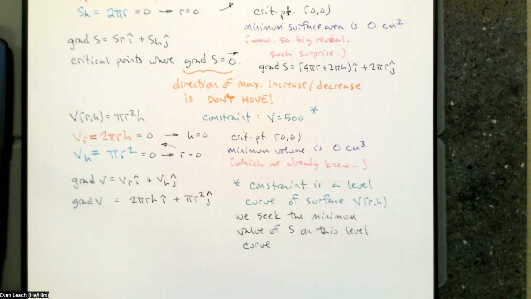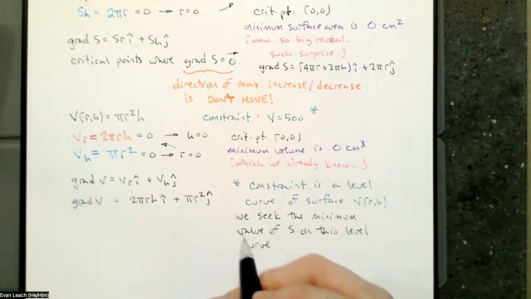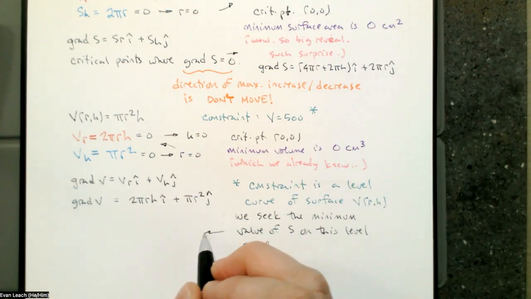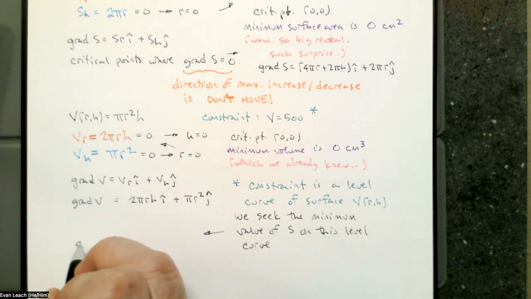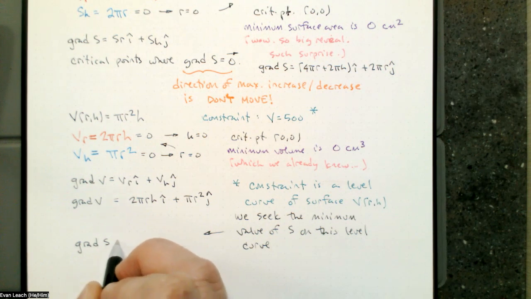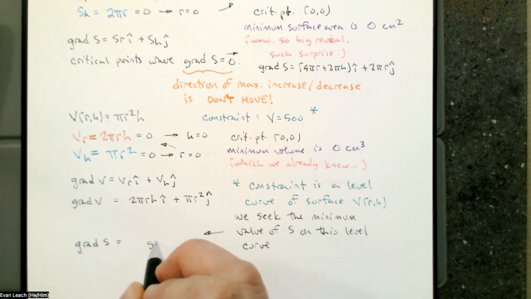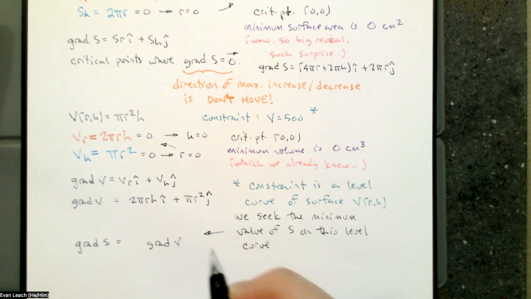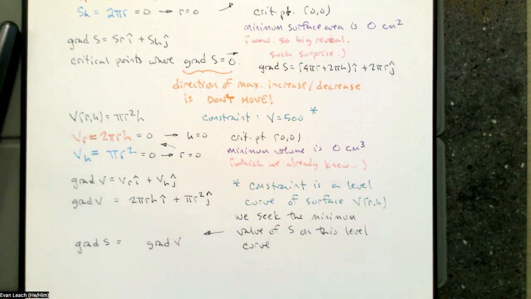So we're going to want the gradient of our surface area to go in the same direction as the gradient of our volume. That's the direction of maximum change for both of them. I want them going in the same direction.